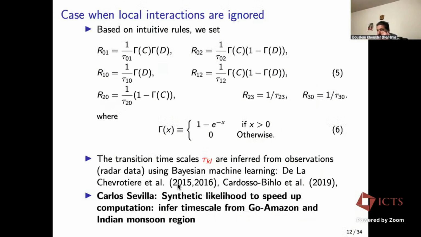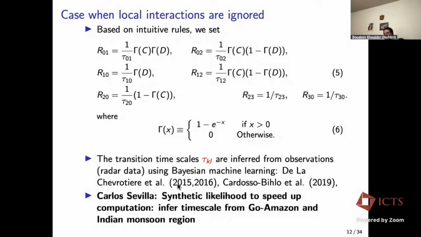We can make Bayesian inference from radar data of cloud area fractions, and we can use the time series to build likelihood probabilities for the timescales.